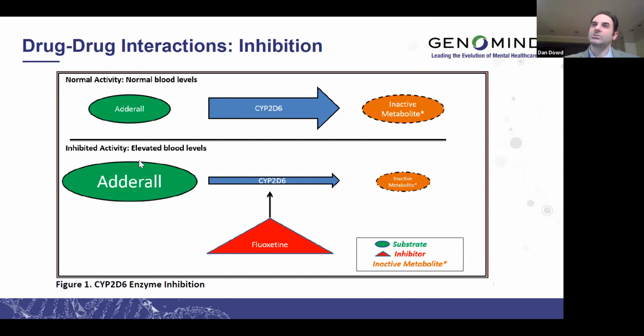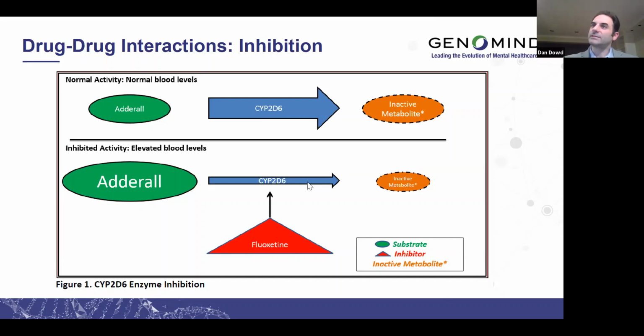Now, let's imagine you gave someone Adderall, and at the same time, a different prescriber gave them fluoxetine or Prozac. Fluoxetine is one of the more potent 2D6 inhibitors out there. You notice the magnitude of 2D6 shrinks once fluoxetine is on board.